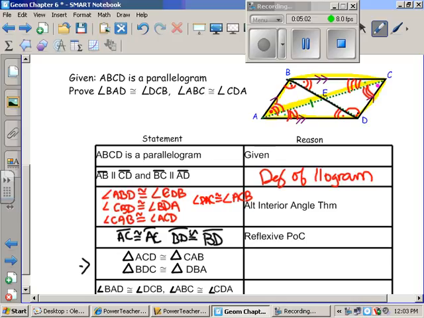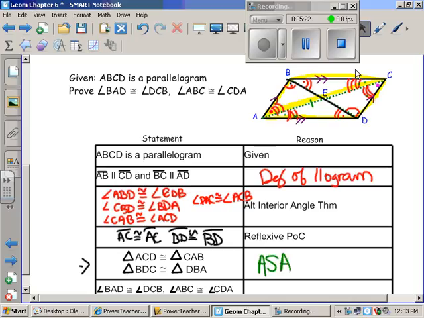And then I have this angle is equal to that angle, and this angle is equal to this angle. So by angle, side, angle, I have the triangles are congruent.